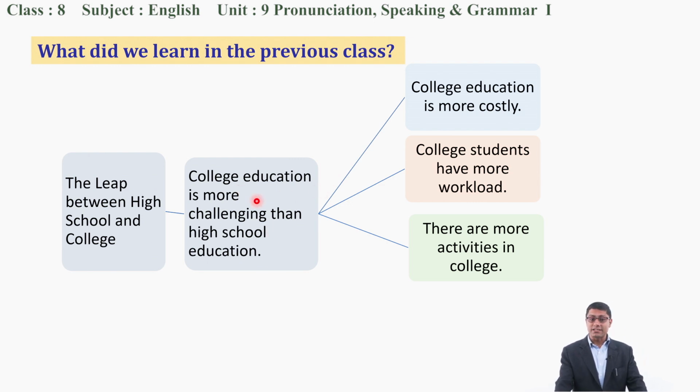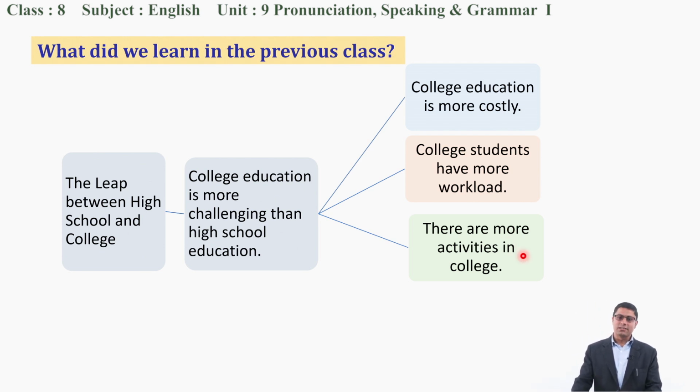The reasons were college education is more costly. Next, college students have more workload. And the last one was there are more activities in college than in high school. These were the things we discussed in our previous class, and on the basis of this discussion, we did different activities.